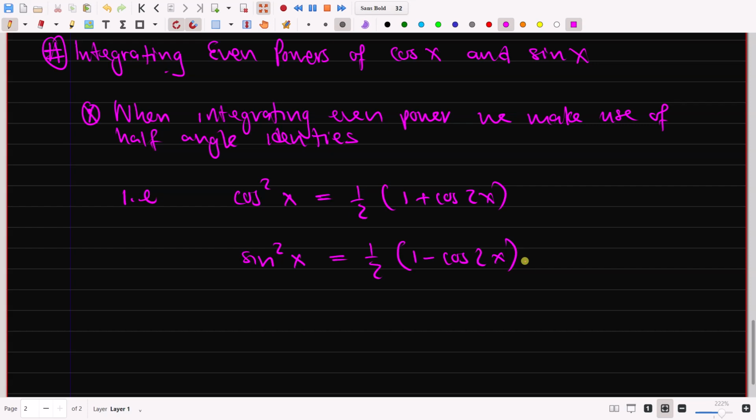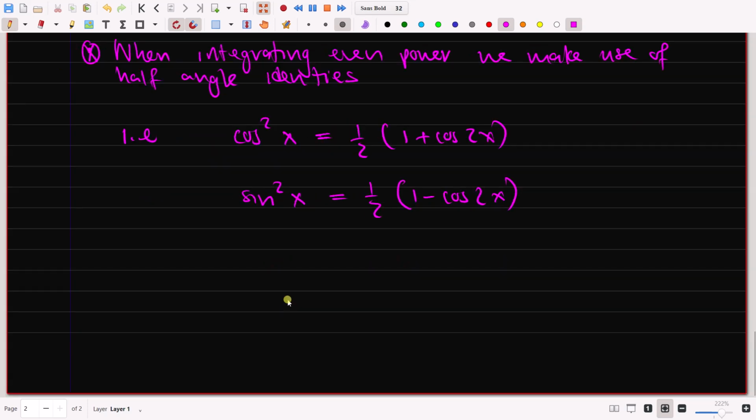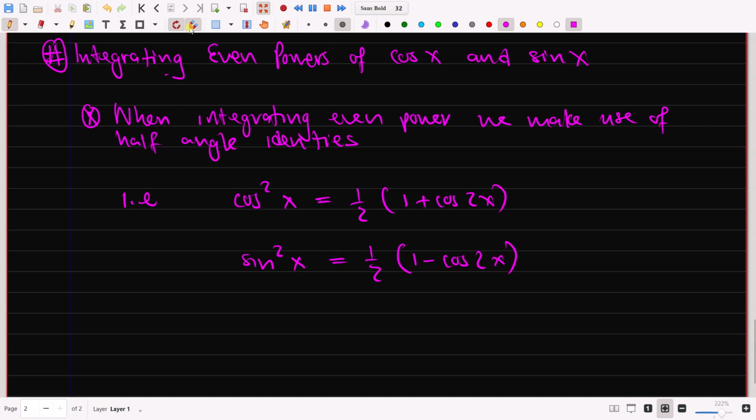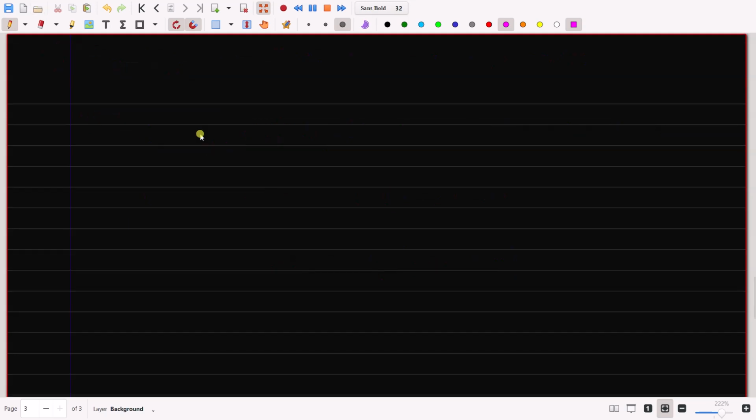A typical example that might be given might be as follows. They will say evaluate the integral. Let's start with the sine, small easy things.